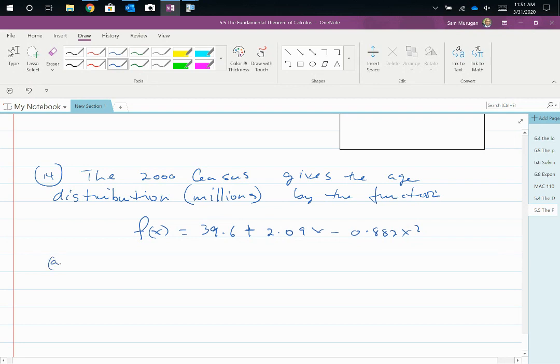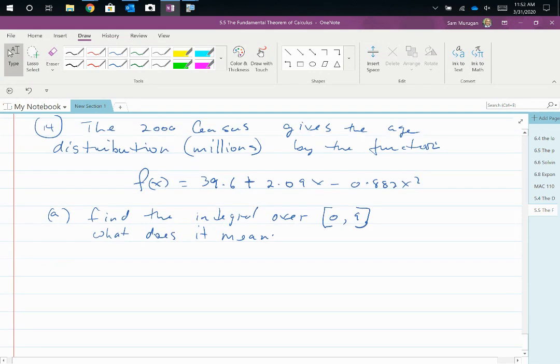A, find the integral over zero to 9 and say what the integral represents. What does it mean?